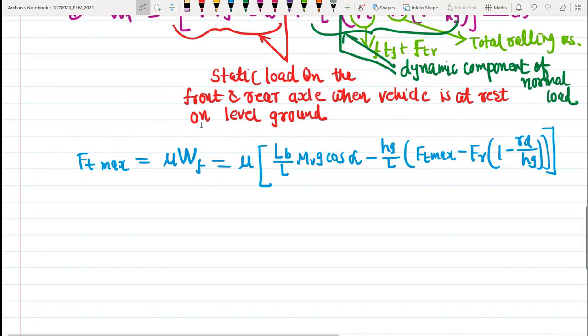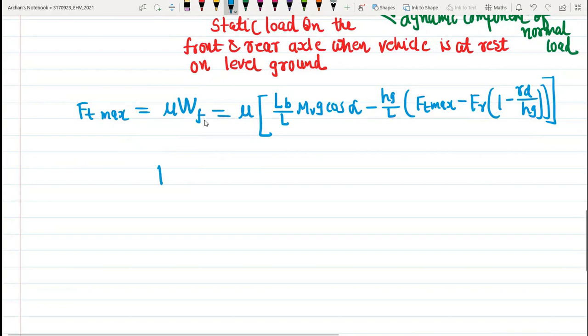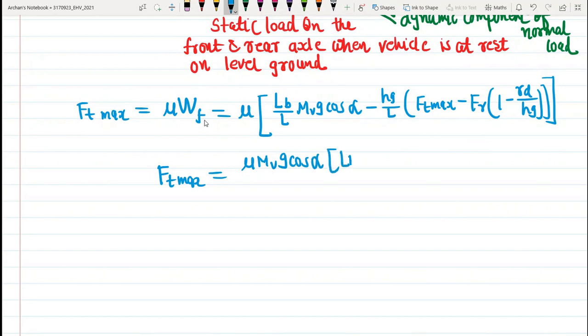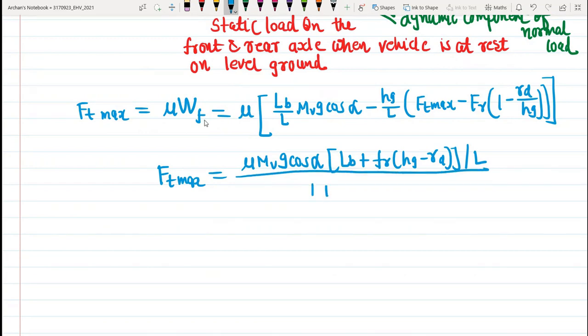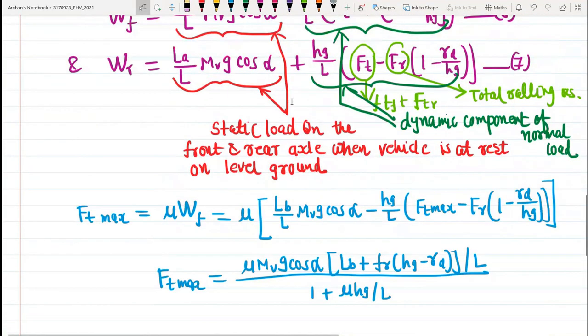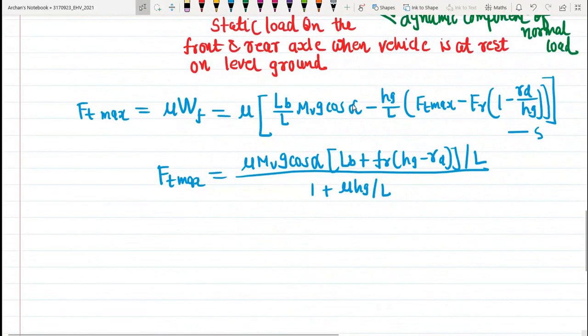Just simplify this equation and we will get the new equation, Ft max, which is equal to mu mvg cos alpha into (Lb plus fr (hg minus Rd)) divided by L, upon 1 plus mu hg divided by L. Let us call this equation number 8 and this equation number 9.